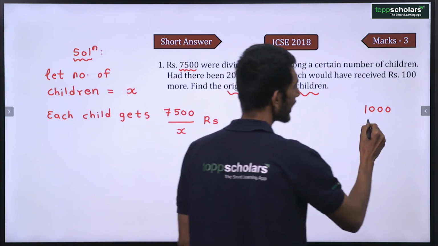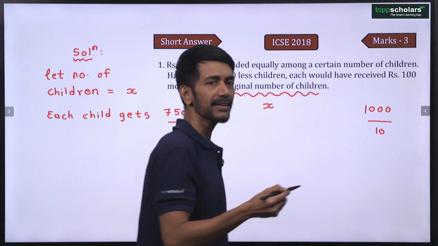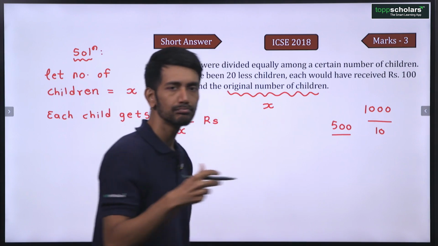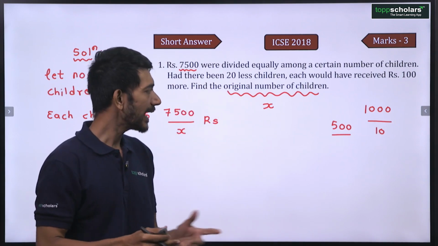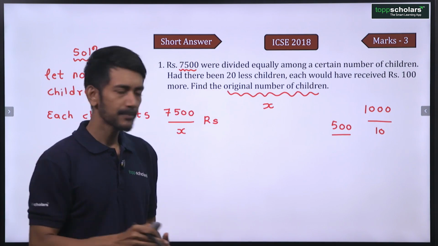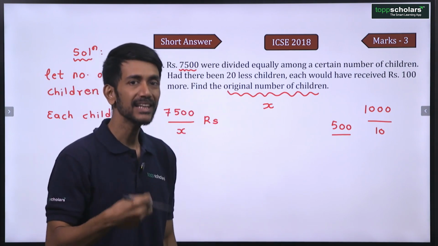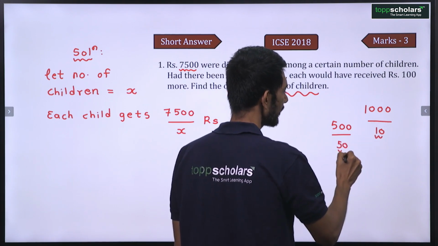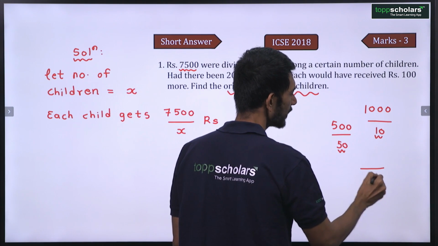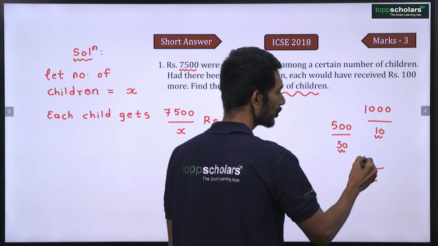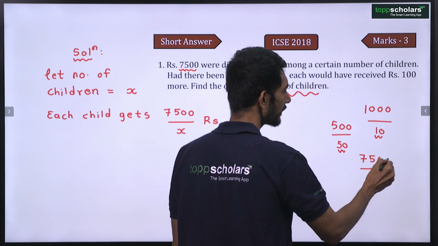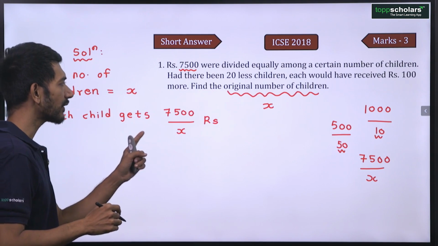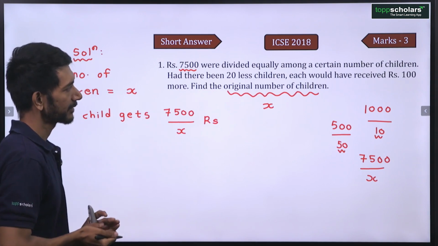Can I say 1,000 divided by 10? If I say I have 500 rupees and I have say 50 children, then how many rupees will each child get? 500 divided by 50. So instead of this 10, 50, we have x because we don't know how many children are there, and instead of the numbers on the numerator, we already know that 7,500 rupees is equally divided. So here I can say that each child gets 7,500 rupees by x.